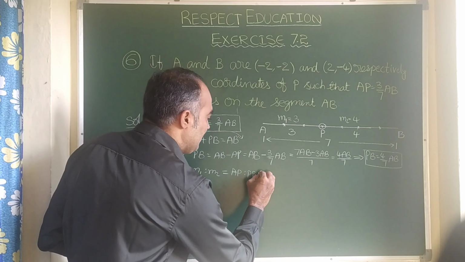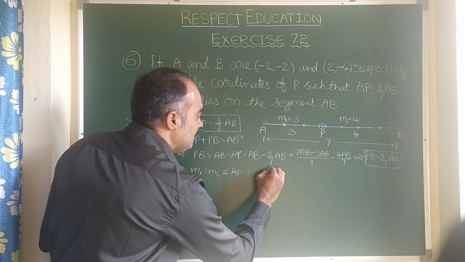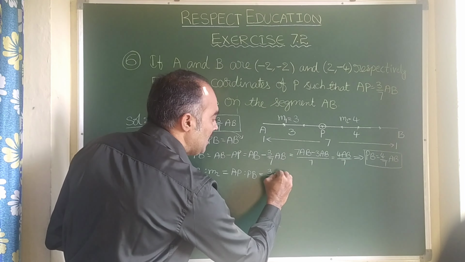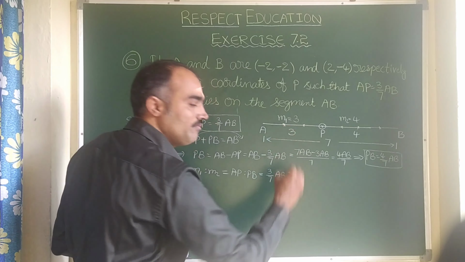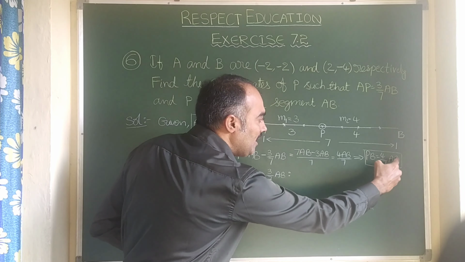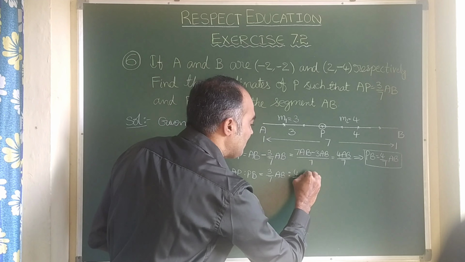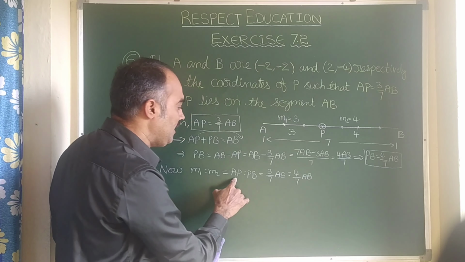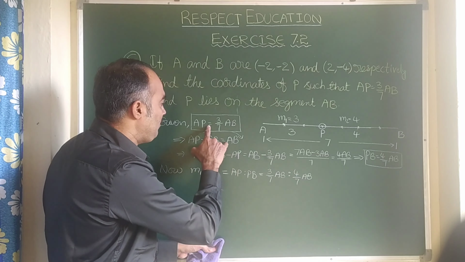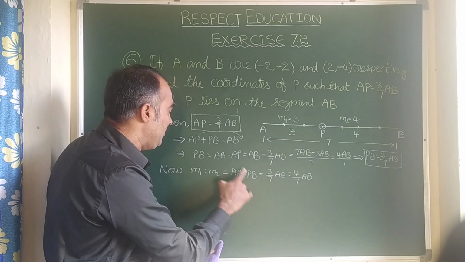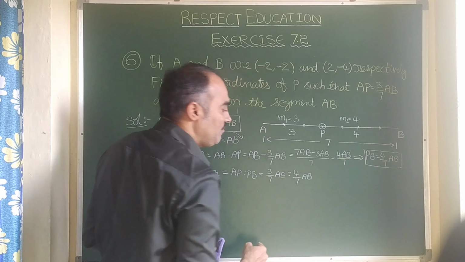Right? Here the value of AP is 3 by 7 AB is to 4 by 7 AB, because we want AP is to PB. AP is already 3 by 7 AB, and PB we just got as 4 by 7 AB.